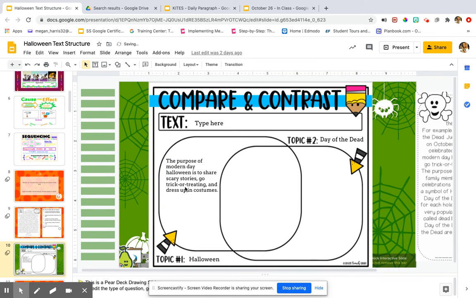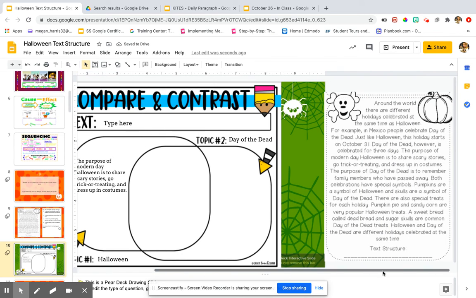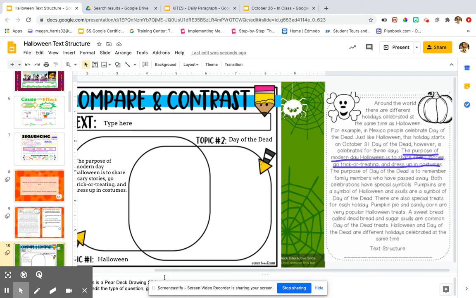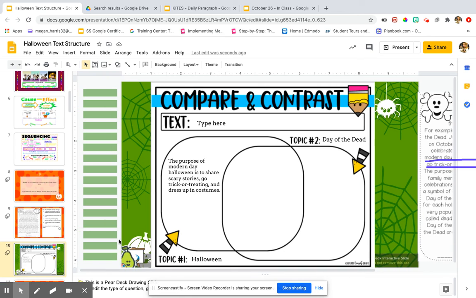And so in Halloween, I would write, and again, this is word for word, so you'll see it. Let's underline it. The purpose of modern day Halloween is to share scary stories, go trick or treating, and dress up in costumes. And so you'll see that same thing here.